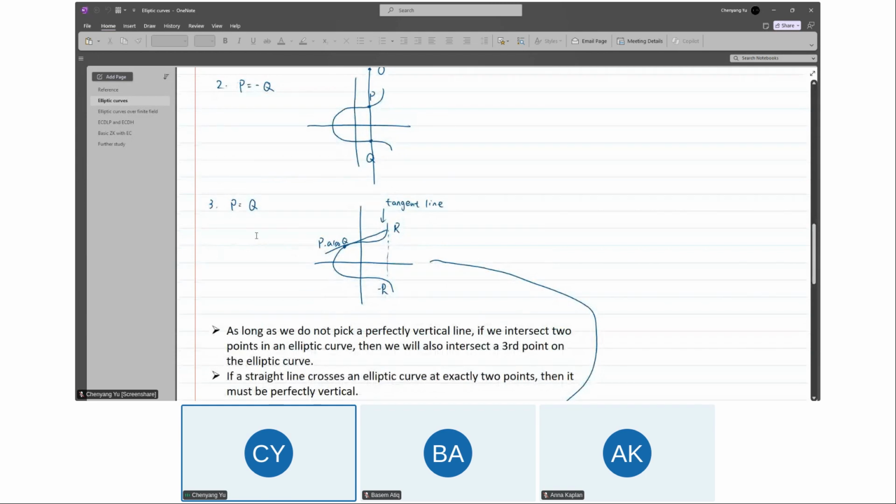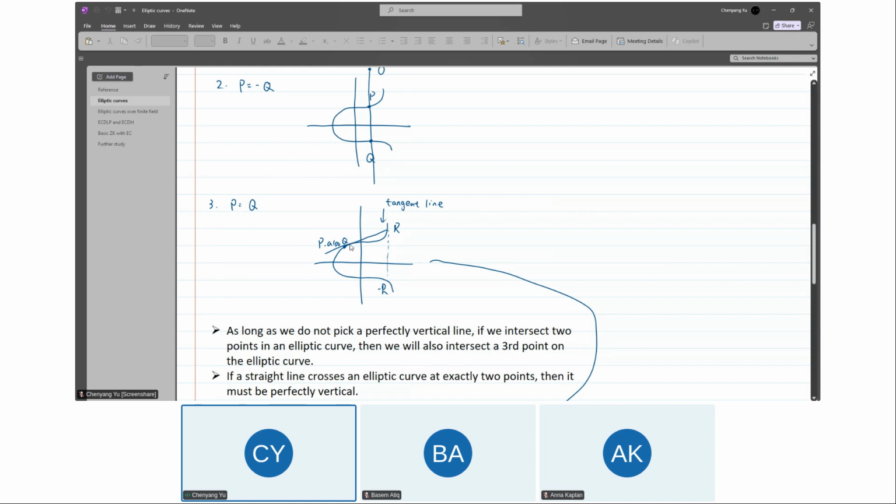But if you have P equals Q, then, geometrically it is pretty hard to think of, but what I think of is, imagine you have 2 points really, really close to each other. For example, P is here and Q is somewhere here, and you have some calculus thing, right?